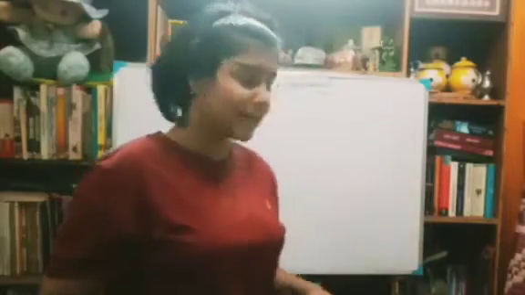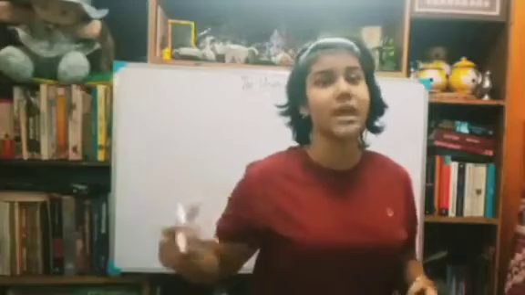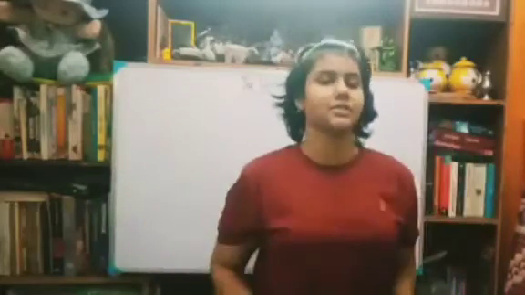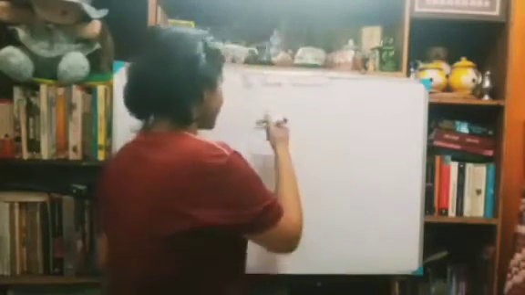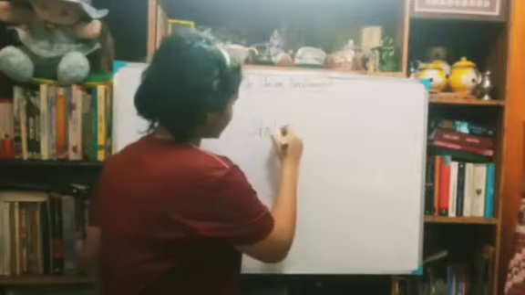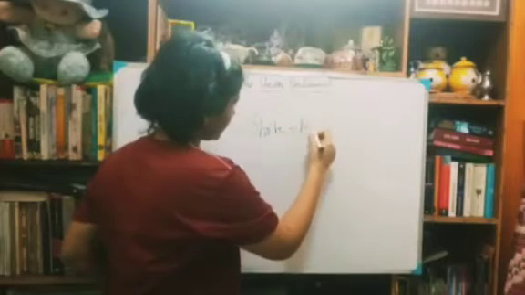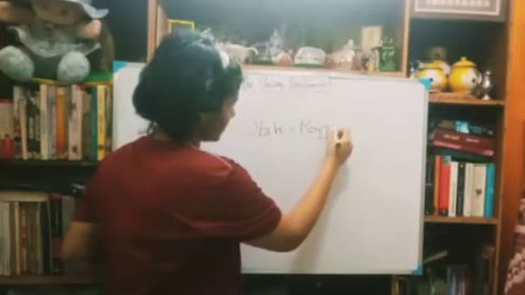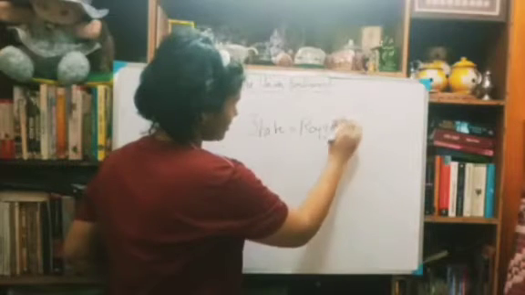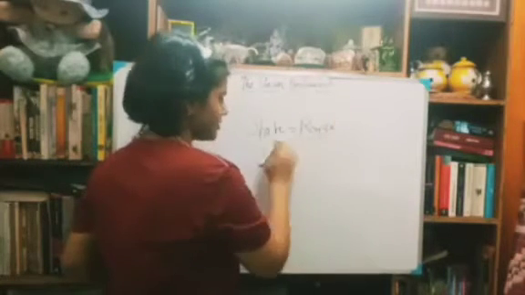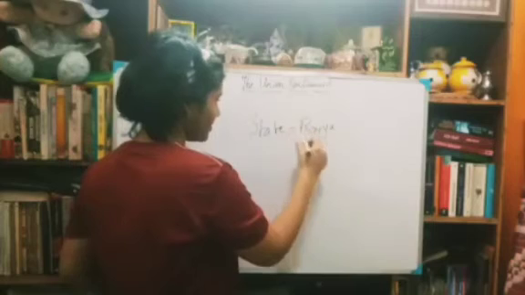Whom are they elected by? They are elected by the representatives of the people who are there in the state legislative assembly. So from there, state is equal to Rajya. State, in Hindi, is Rajya.